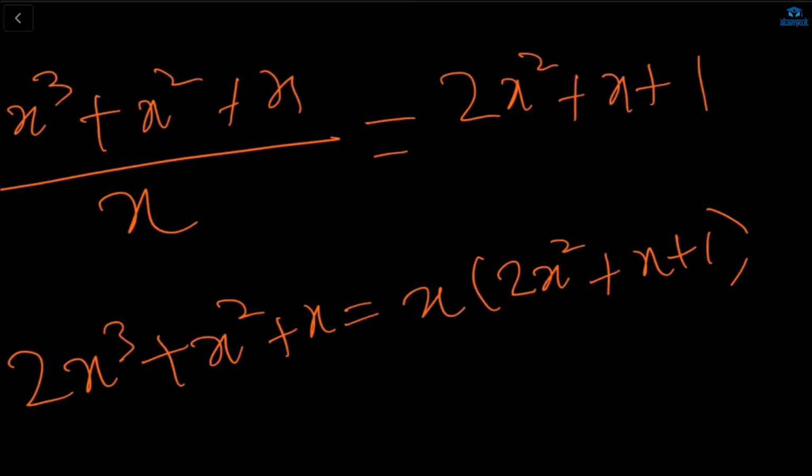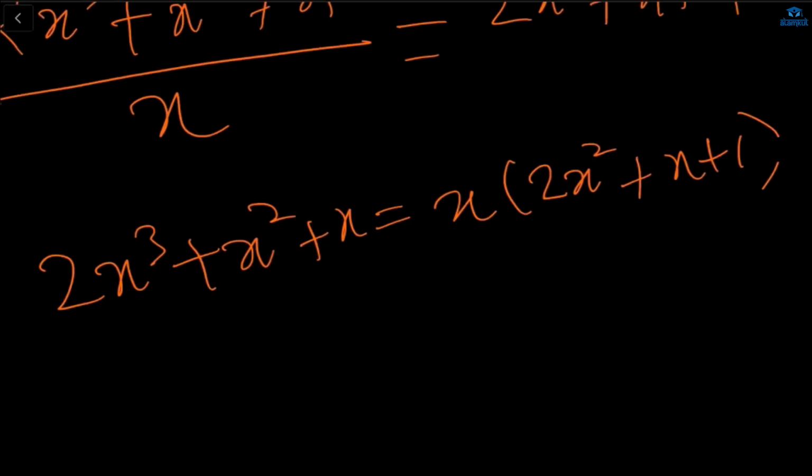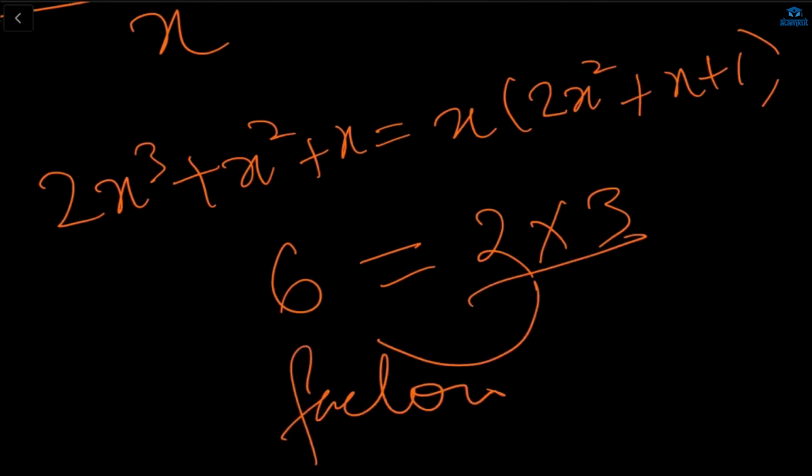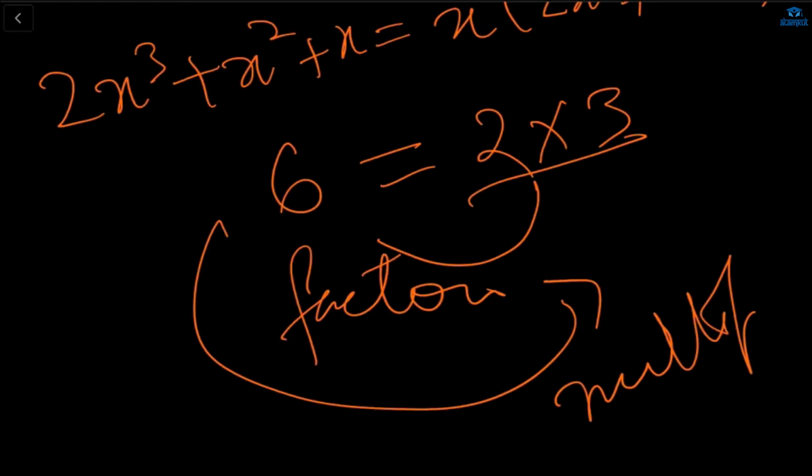And 2x cube plus x square plus x is a multiple of x and 2x square plus x plus 1. If you think this is complicated, you can simply relate these things with common numbers, like 6 can be written as 2 and 3. So 2 and 3 are the factors of 6, and 6 is a multiple of 2 and 3.